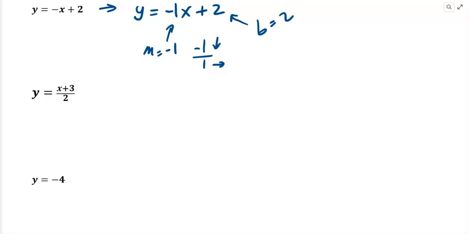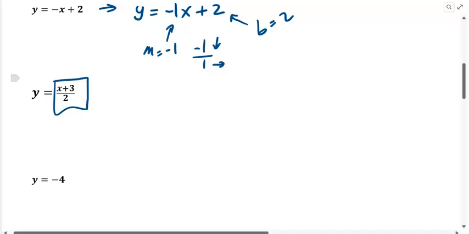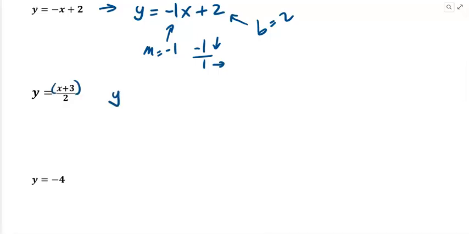The y is already on the left-hand side where it needs to be, but because this equation has the x plus 3 over 2, you have to remember that any time you are dividing a quantity like x plus 3 over 2, you have to divide each term by that 2. So this would become y equals x over 2 plus 3 over 2.